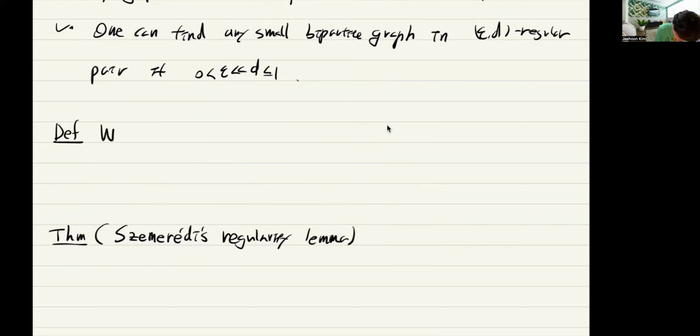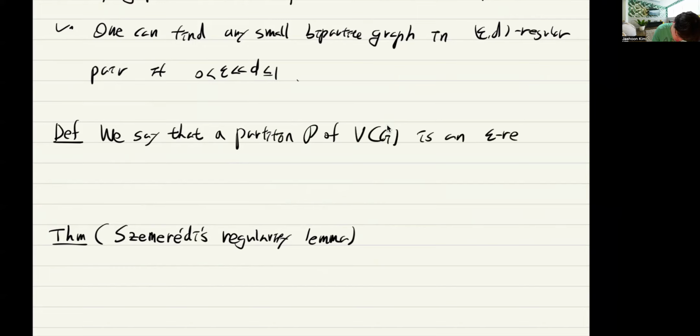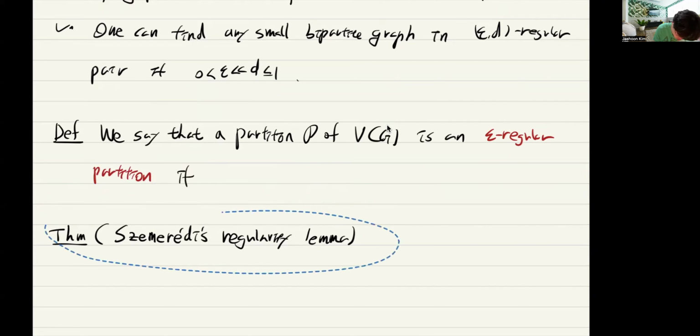We say that a partition P of the vertex set is an epsilon regular partition if the following holds.